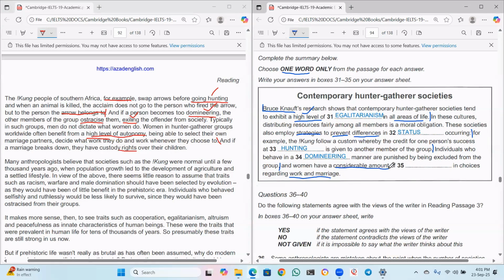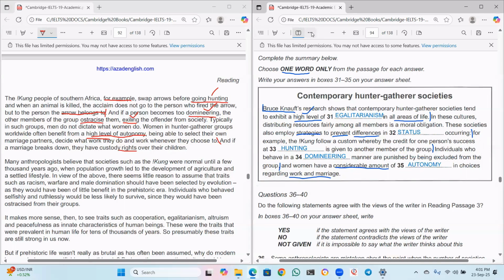Did you match these two synonyms? Then only you will get the answer. Being able to select their own marriage partners, so regarding marriage, and what work they do whenever they choose to work. You got it? So, what is the answer, guys? High level of autonomy. Yes, considerable amount of autonomy. Yes, that is the right answer. Yes. So, autonomy is my answer, guys.